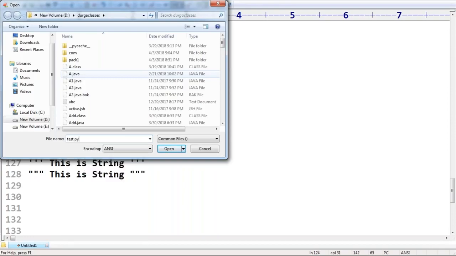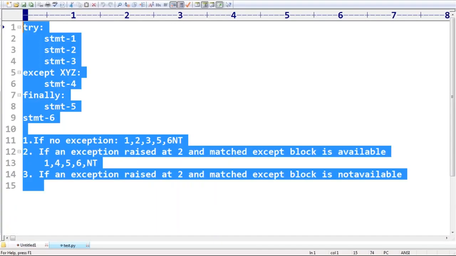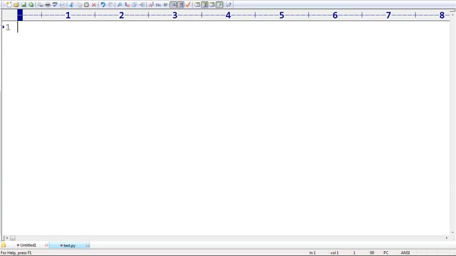Assume I'm taking test.py. Here x is equal to single or double quote, 'Durga', and then 'soft' on the next line, and then print of x. This Durga soft in two lines is a multi-line string literal.